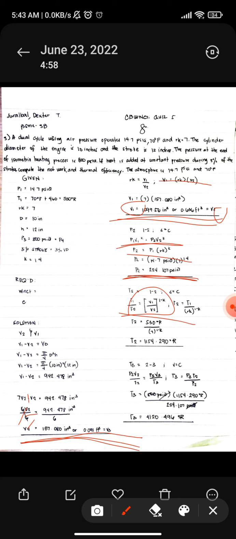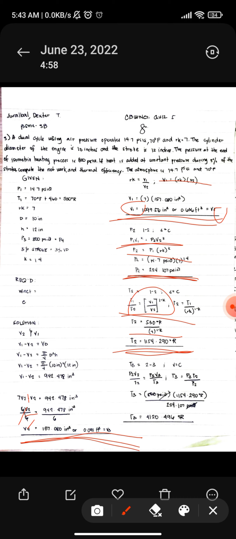So T2 equals to T1 na 530 degrees Rankine times rk na 7 raised to k minus 1 na 1.4 minus 1. So, T2 natin is equals to 1154.290 degrees Rankine.